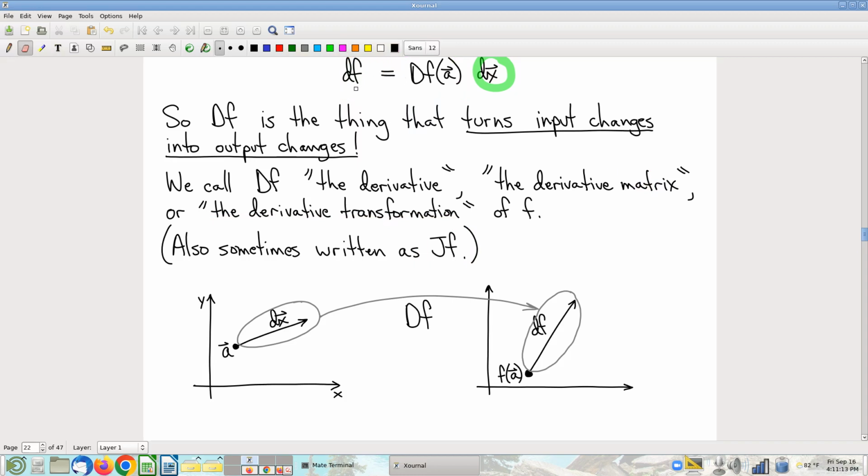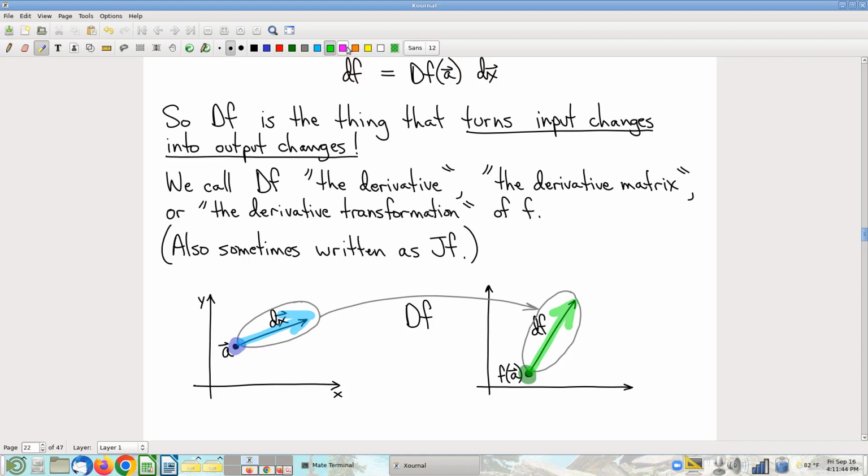Okay. All right. So keep in mind what we've got here. We've got a function that takes input points to output points. Right, and f takes a as its input and gives you f of a as its output. Well, you could imagine that endpoint might displace by some amount, and that correspondingly we would have our linear approximation estimate of how much the output would change as a result.